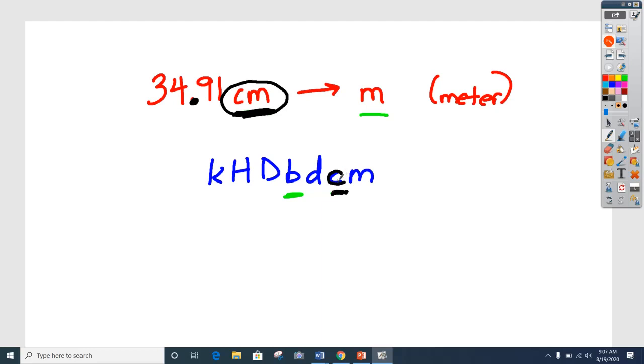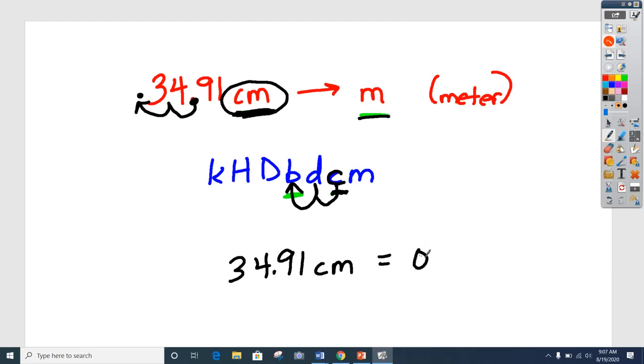To go from centi to meter, I'm going to have to move 2 places to the left, which means to convert centimeters to meters, I'm going to move my decimal 2 places to the left. So my decimal would move right here. 34.91 centimeters is equal to 0.349 meters.